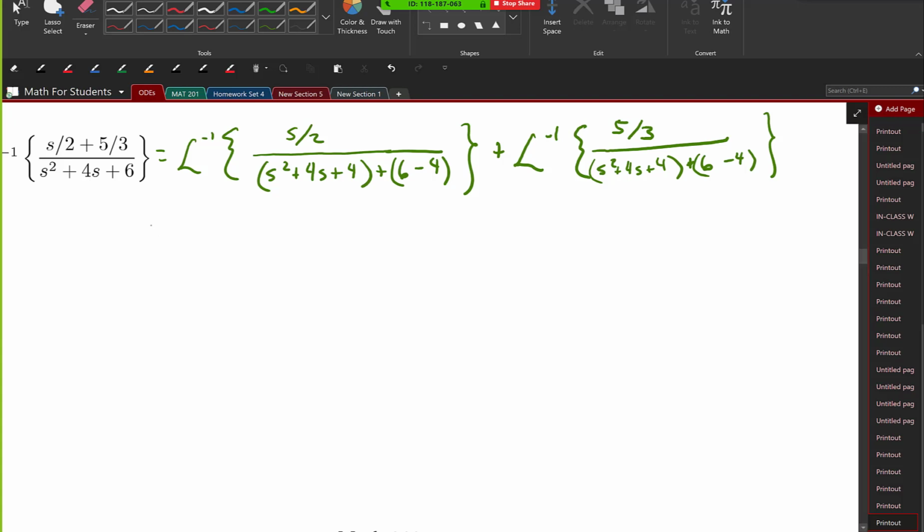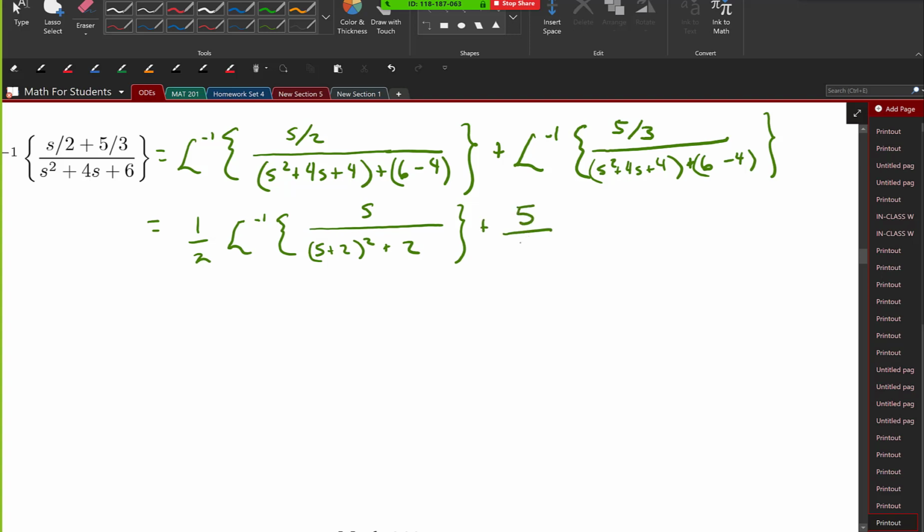All right, so I can go ahead and take another step. I'll factor out that 1/2, and I've got the inverse transform of s over (s plus 2) quantity squared plus 2 for the first piece. For the second piece, I'm going to write it out, and then I'll come back and add to it.